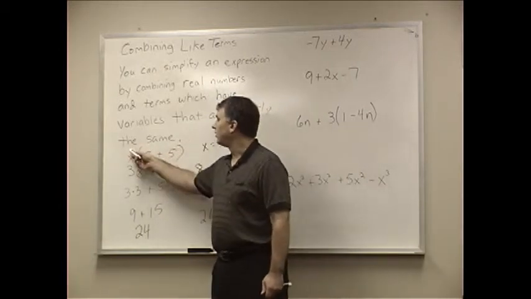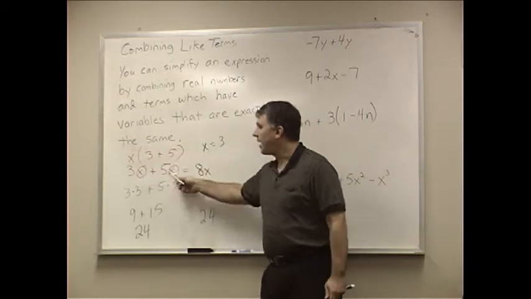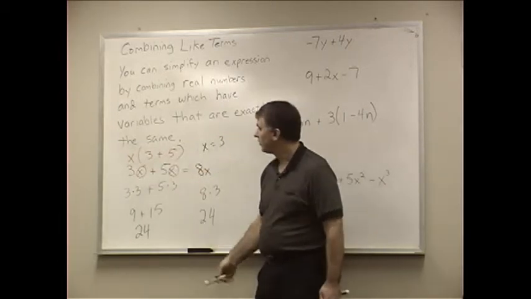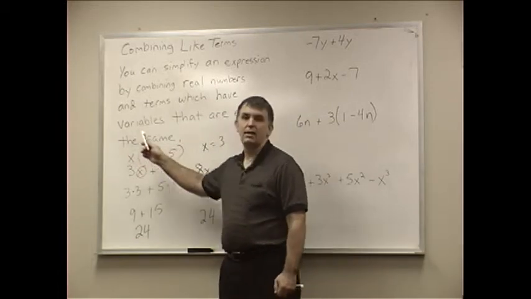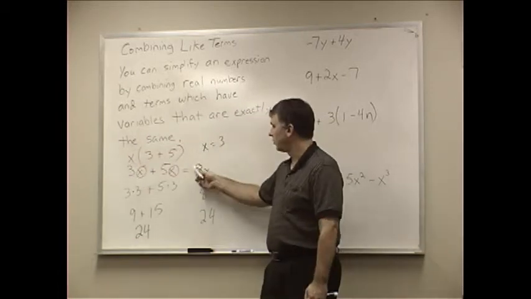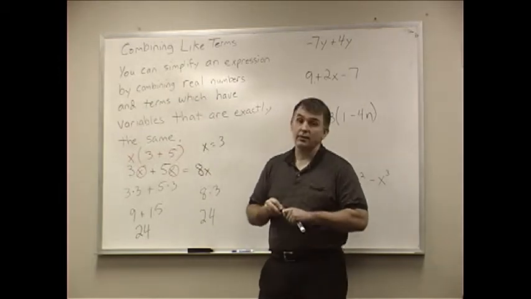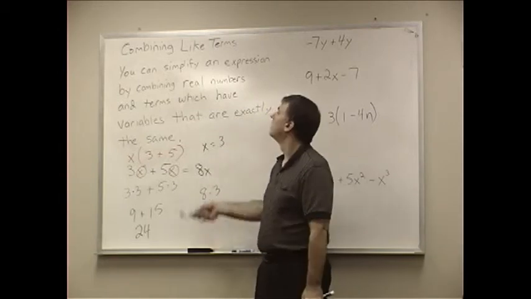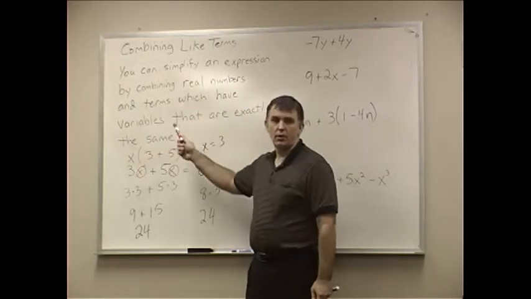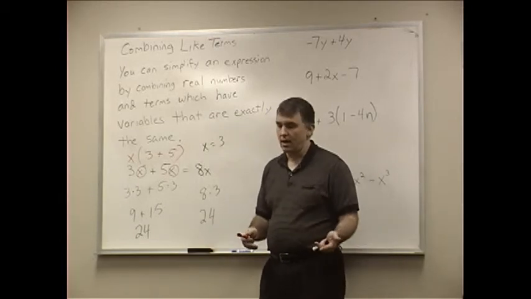All right, because x times 3 is 3x, and x times 5 is 5x. Well, order of operations, you add it. 3 plus 5 is 8. So there's your 8x. A couple different ways to show that. In essence, though, if the variables are exactly the same, you're allowed to add them. If the numbers, in whole numbers or real numbers, you're also allowed to add those.